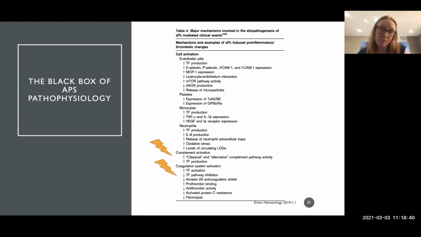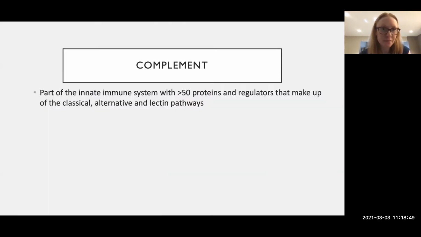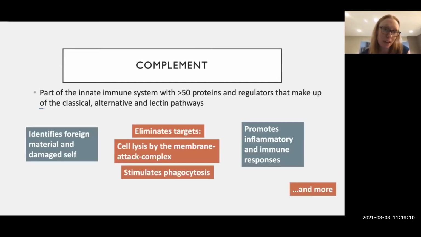I'll focus on some more updates for complement activation, how this could potentially link to the coagulation system activation. So complement, and I'm presenting to complement researchers, so this is just my base knowledge, but it's part of the innate immune system, really complex, many proteins and regulatories making up 3 different pathways.